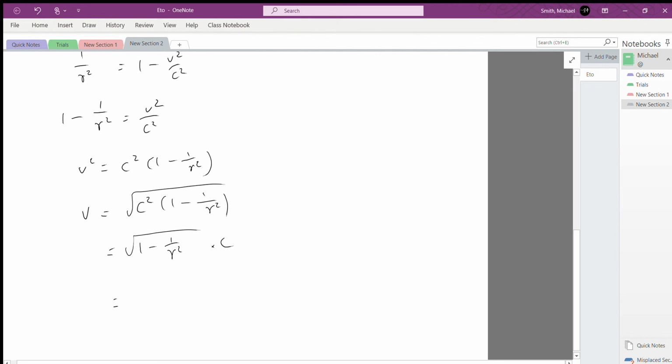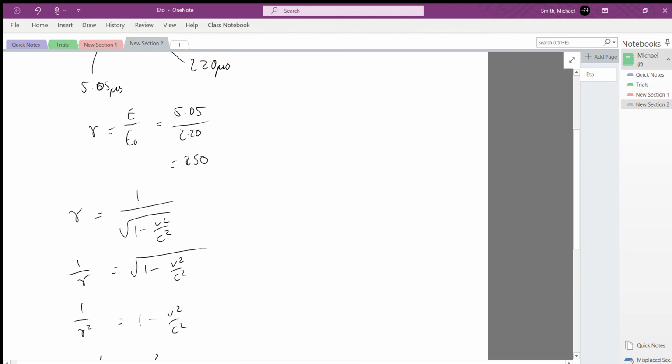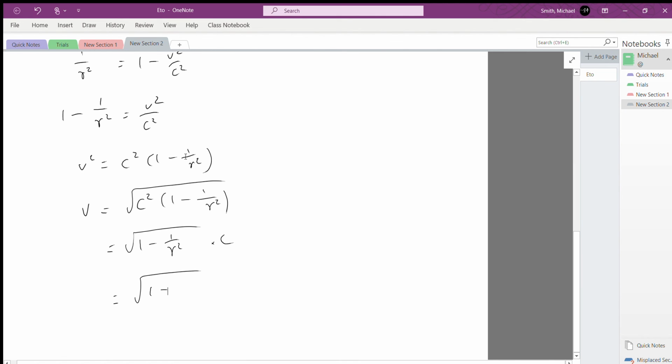So now this will just be the square root of 1 minus 1 on, what was our Lorentz factor from before, 2.5 squared, times c, and if we put that into our calculator, we should get 0.92c.